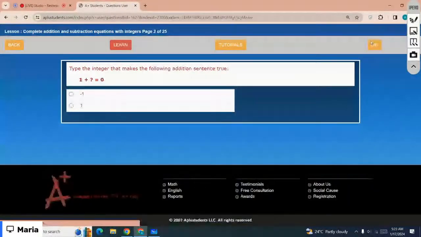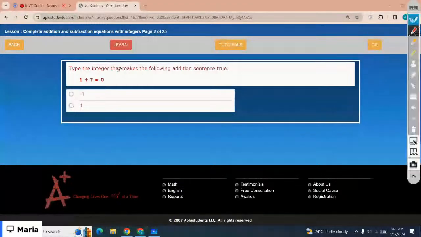Okay, type the integer that makes the following addition sentence true. So you have to make a 0, which is the missing number. Okay, replace the question mark with the first option, right? This one. 1 plus negative 1. So adding a negative integer is the same as subtracting. So 1 minus 1 is 0. See, both the sides are exactly equal. That means the correct option.